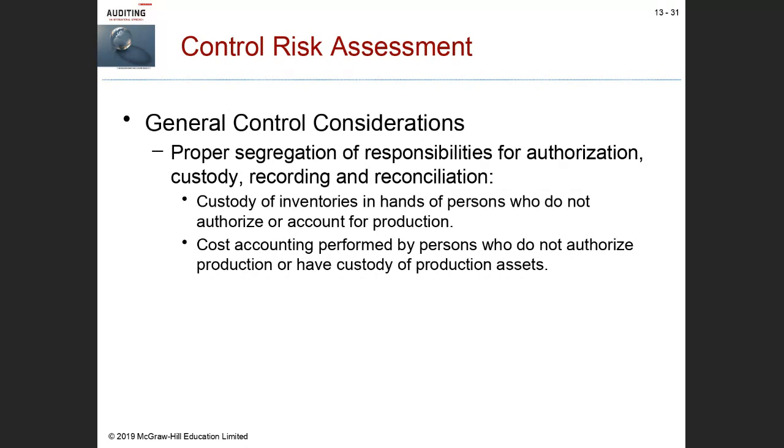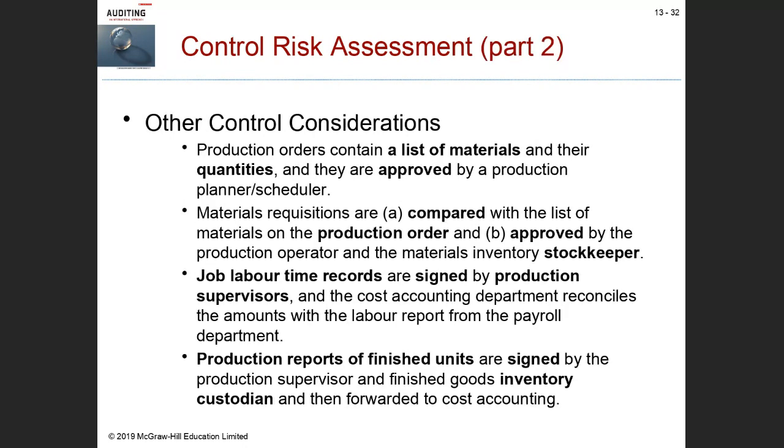Then on the next PowerPoint, it mentions other control considerations. So these are other types of controls that can exist in the actual production process. Again, this is discussed at the bottom of page 595 and over on the next page, 596. So let's just look at the PowerPoint for a minute.